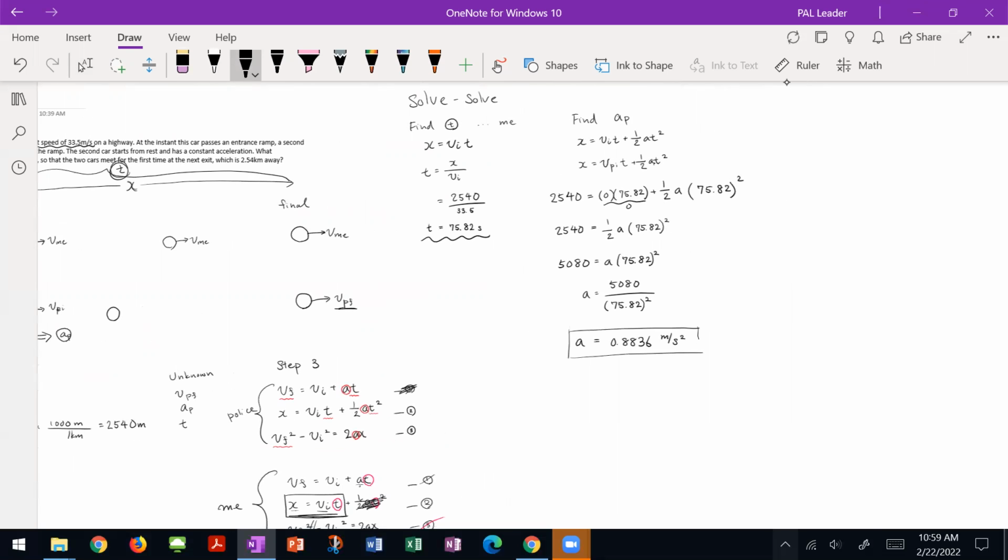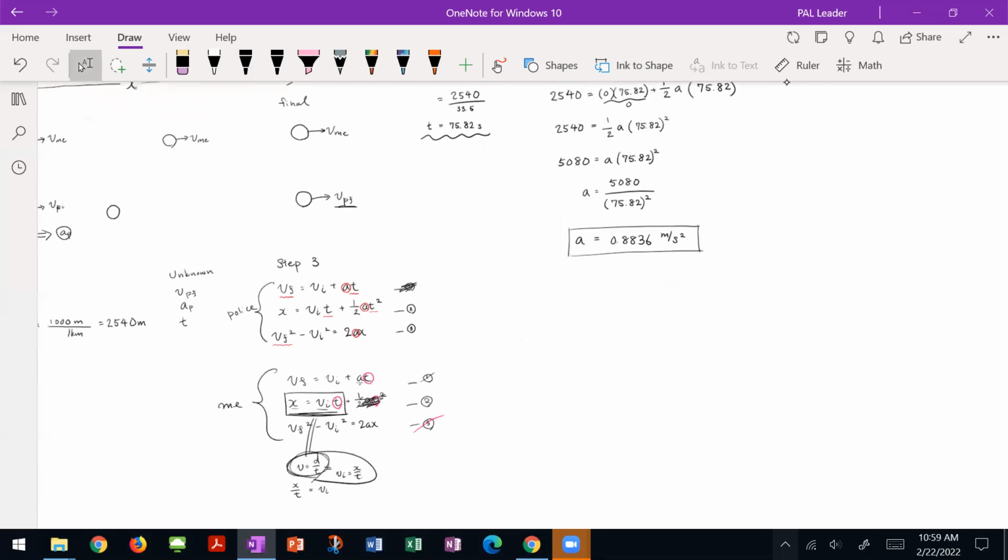There are ways to check your answers. If you wanted to check your answer, try to plug all your values into this equation, but solve for x.